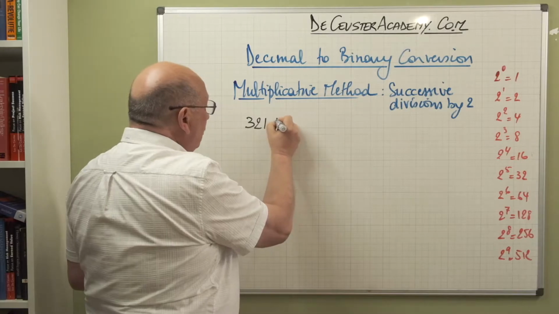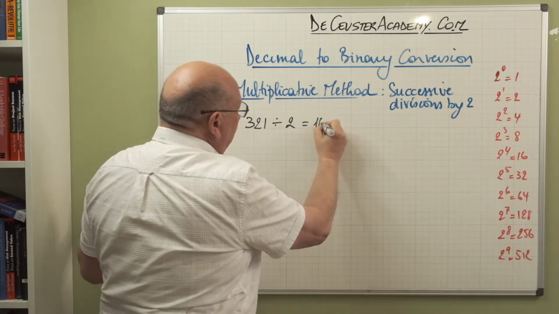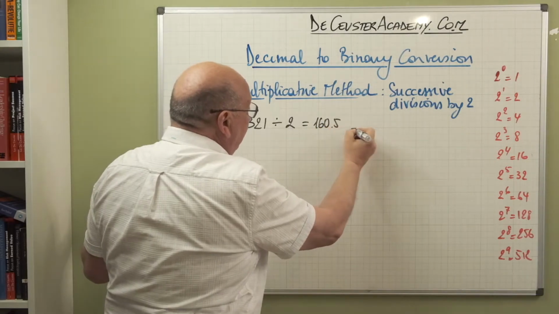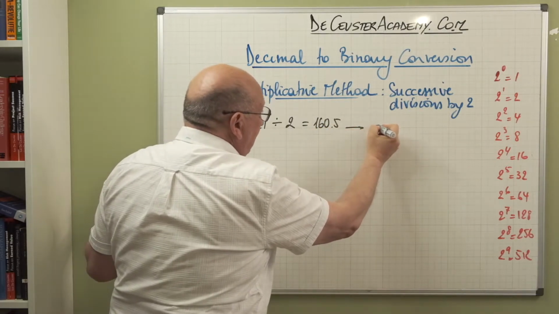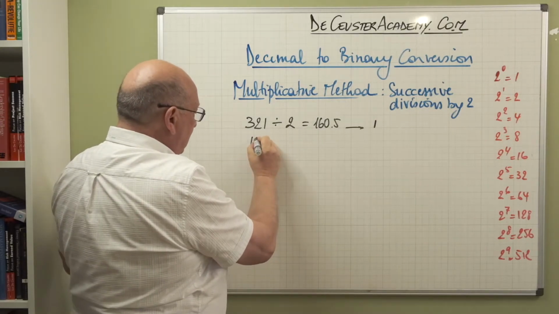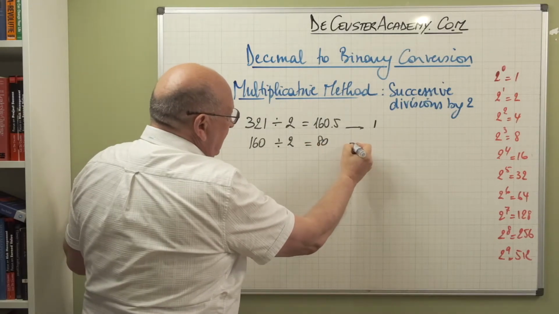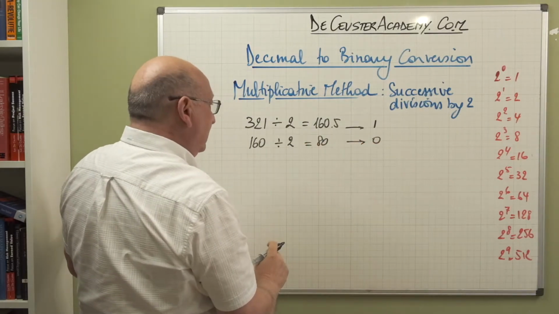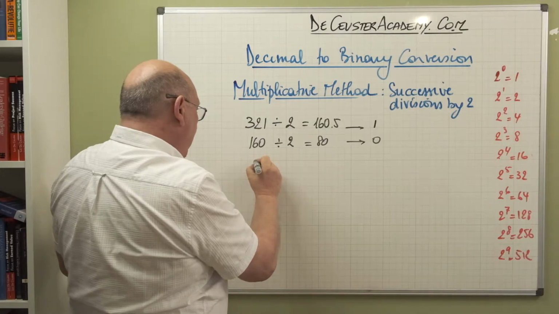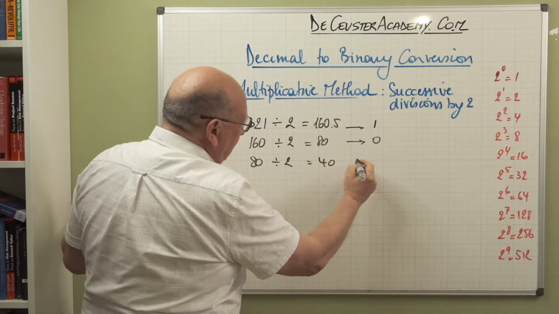321. So when I divide by 2, I find 160.5, which gives me a remainder of 1. Then I take 160. 160 divided by 2 is 80. No remainder. Remainder is 0. We have 80 divided by 2 is 40.